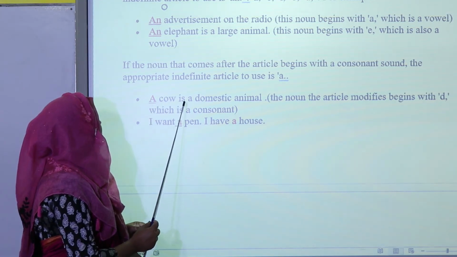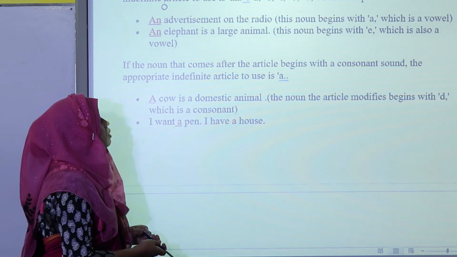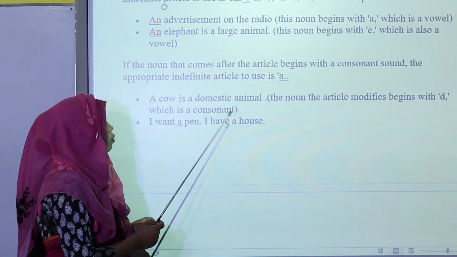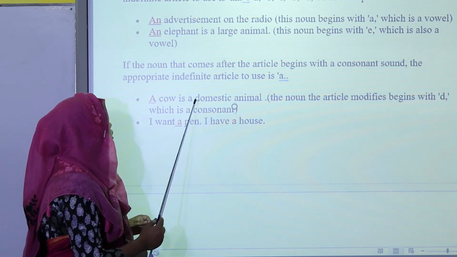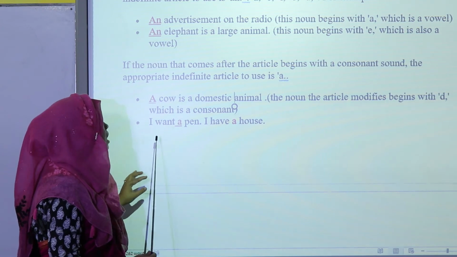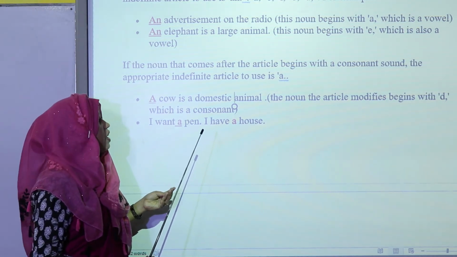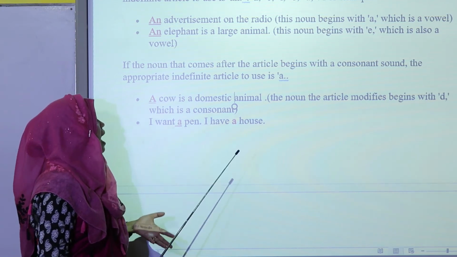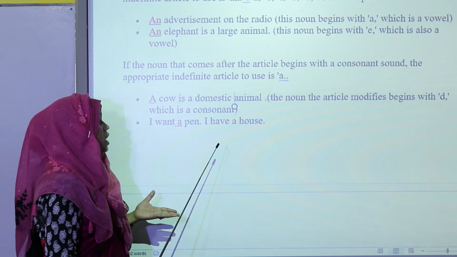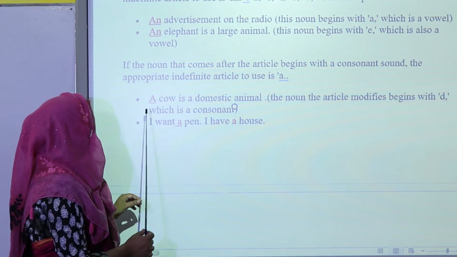A cow is a domestic animal. The noun the article modifies begins with D, domestic. So D is a consonant. Also, there is no specific mention of which animal, the red cow or yellow cow.